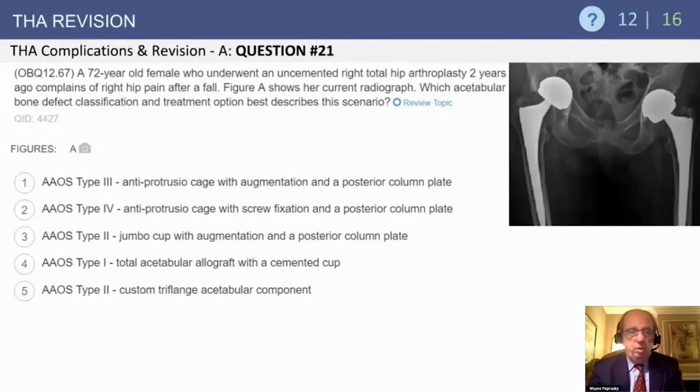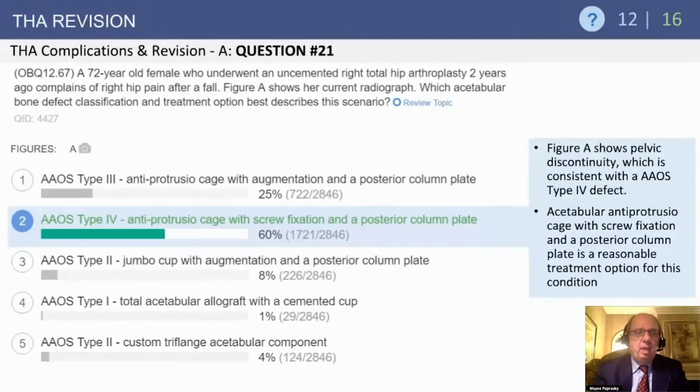So let's go into this in a little more detail. Obviously that's the reason why it's a discontinuity, because the patient is not asymptomatic. When you see that x-ray, there's no way the patient could be asymptomatic with an x-ray that looks like that.